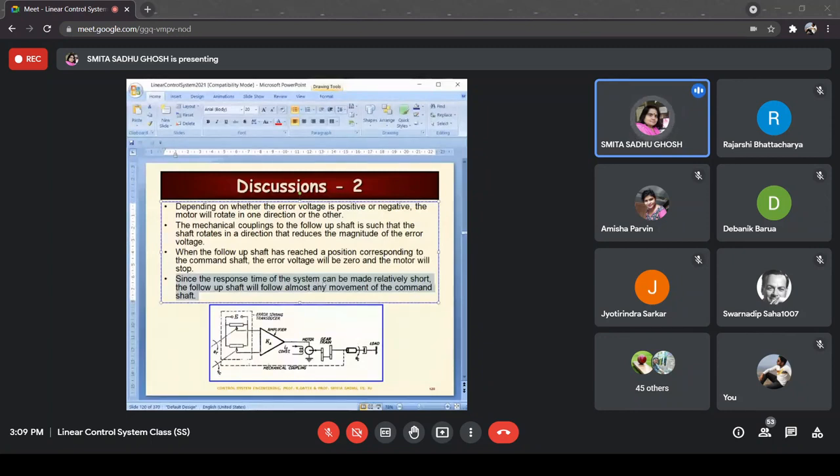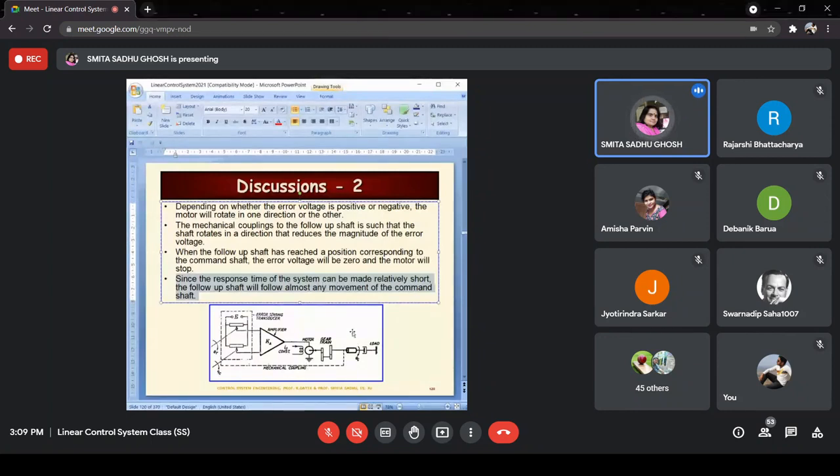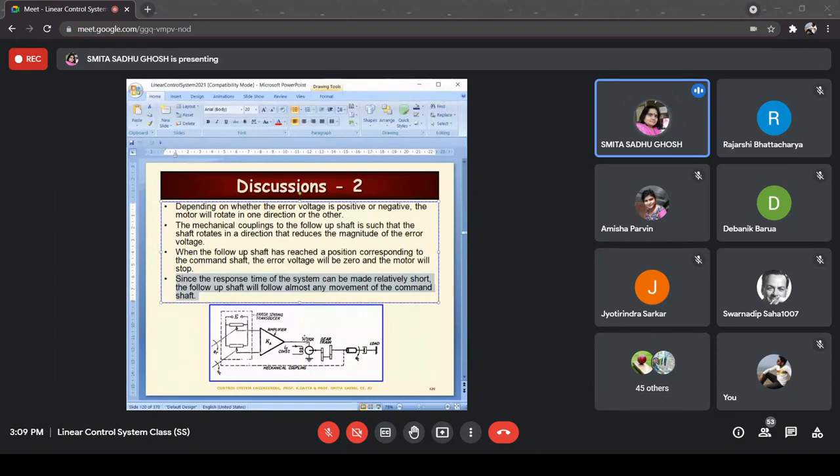Another thing is that if we are able to make the response time of this system small enough by some sort of design, then what will happen is, if I put, for example, 10 degrees in theta r, after some overshoots and undershoots, theta c follows that to 10 degrees.